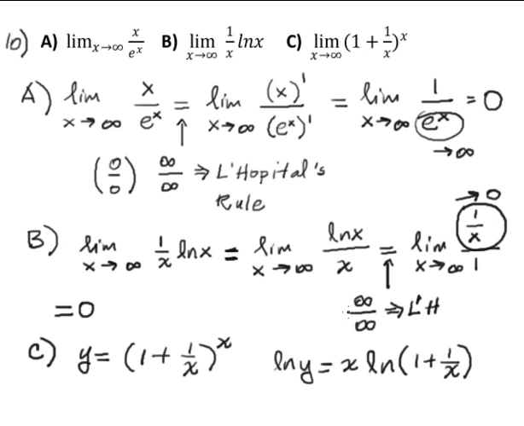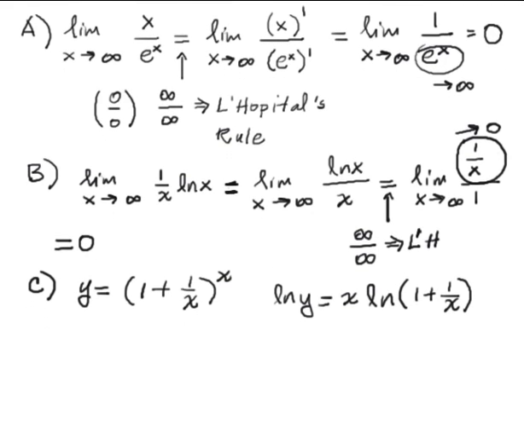So what we're going to do is take the limit as x goes to infinity of log y rather than y. All right, so let's do that. So we have the limit as x goes to infinity of log y. Okay, that's the limit as x goes to infinity of this expression.